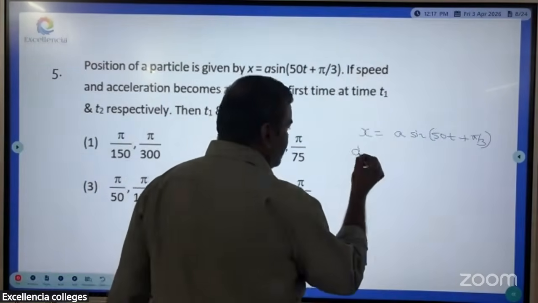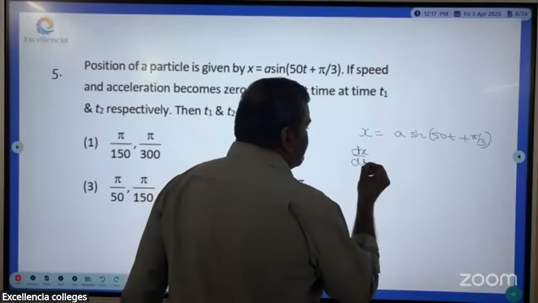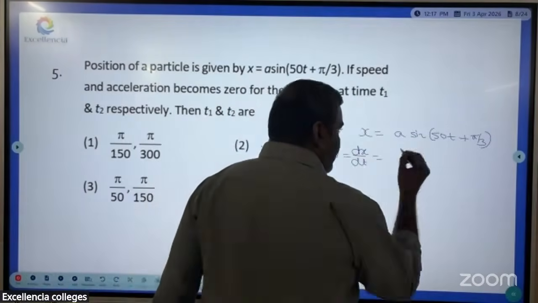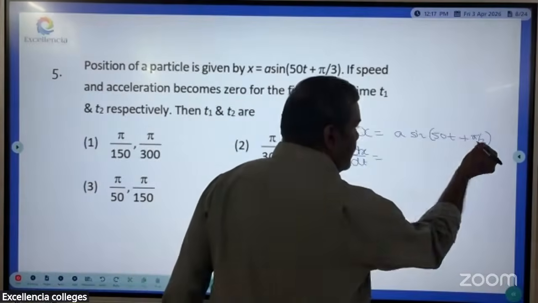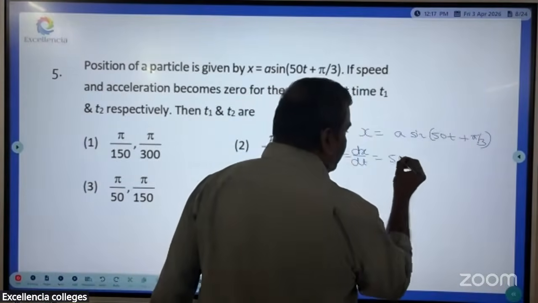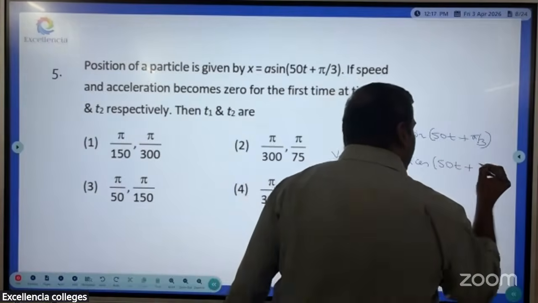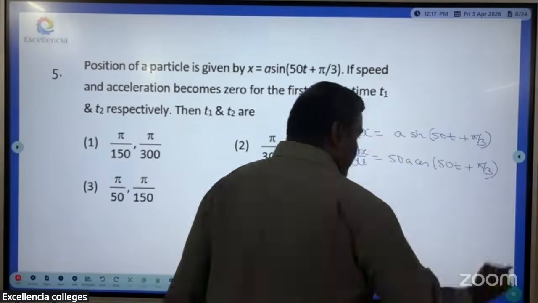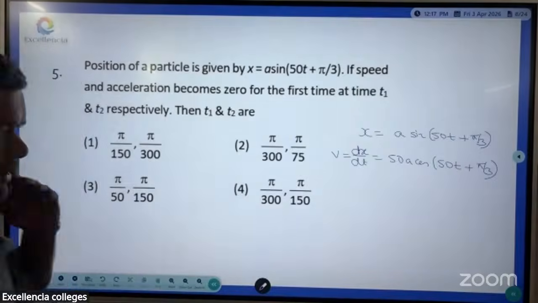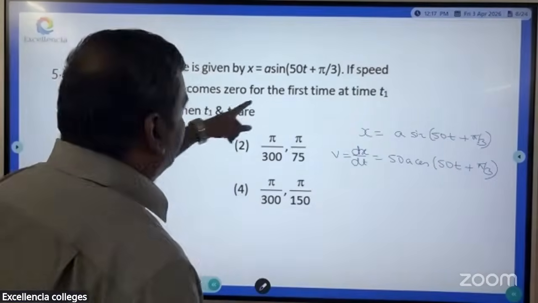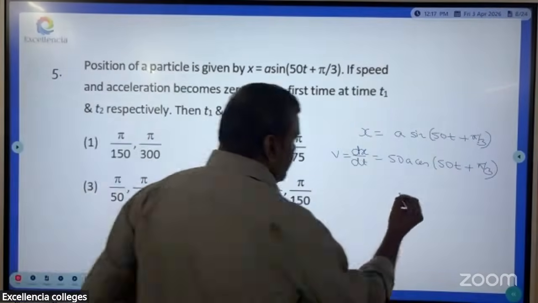Rate of change of position, that is dx by dt, is called the velocity, and velocity will become 50a cos of 50t plus pi by 3. This is my velocity. We want the velocity to become 0, he says, for the first time.